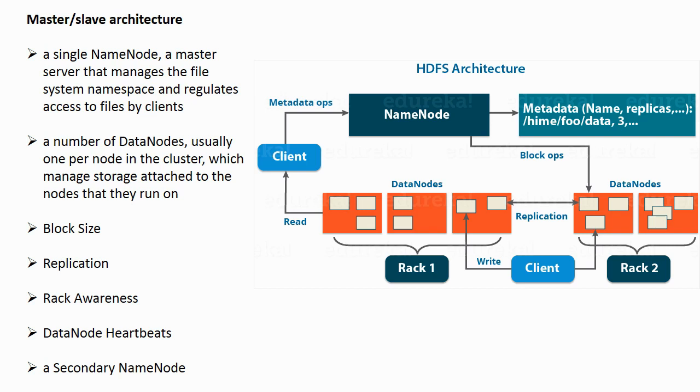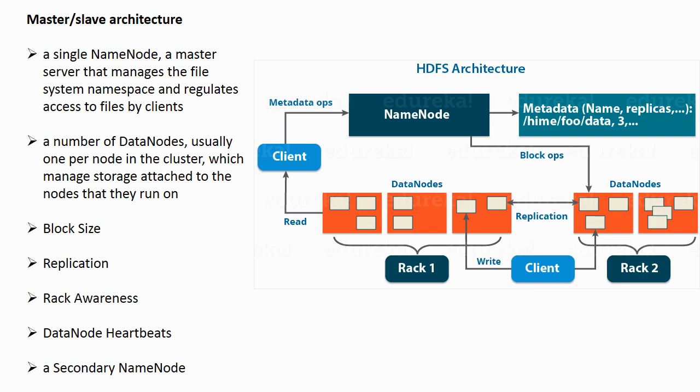And the data nodes keep sending heartbeats periodically. They keep broadcasting to the name node that they are alive. If the name node does not receive a heartbeat for a certain period of time, then it assumes that the data node has died, and it will first try to replicate all the data that were on that node to the other nodes.